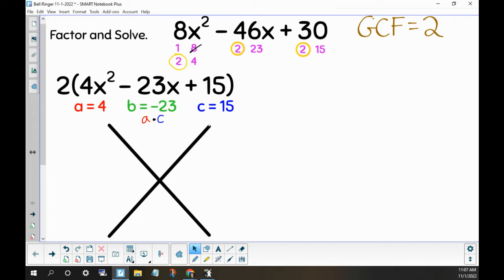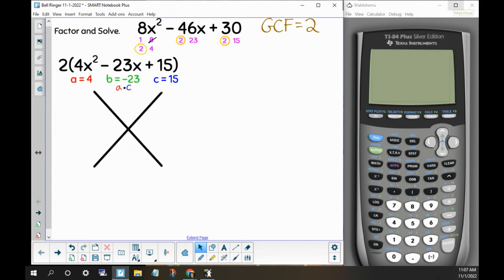It is 60. All right, 4 times 15 is equal to 60. And our B is what? Negative 23. Okay, and that is our B dot.